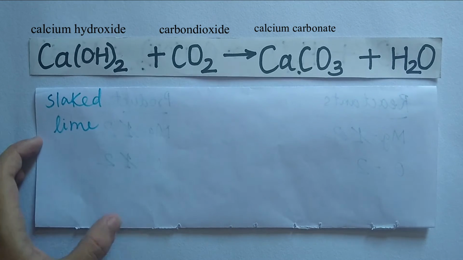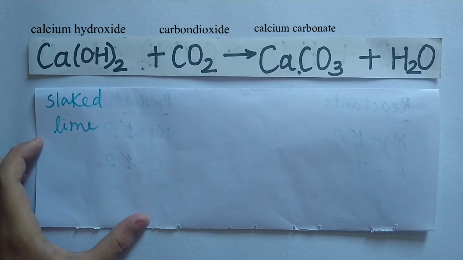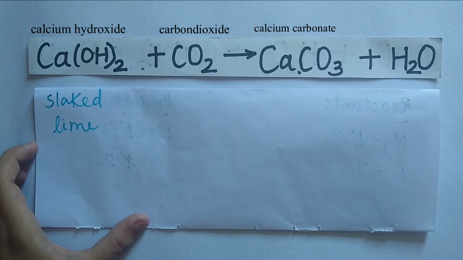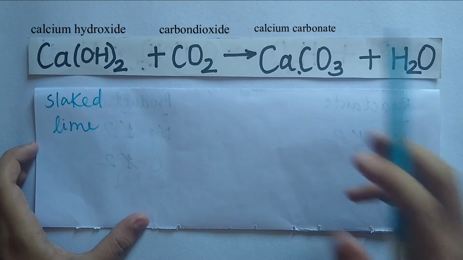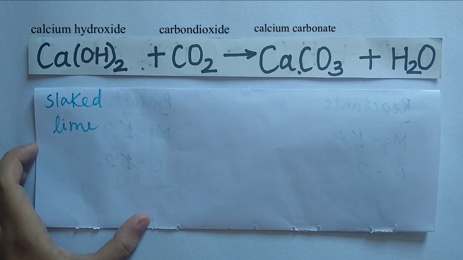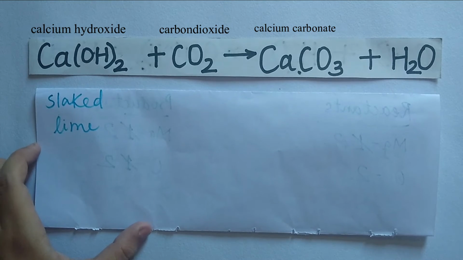So what exactly is the application? Now, the calcium hydroxide, which is reacting with the carbon dioxide, forms a thin layer of calcium carbonate on the walls. What exactly am I talking about? I'm talking about something called whitewashing that we do on our walls.